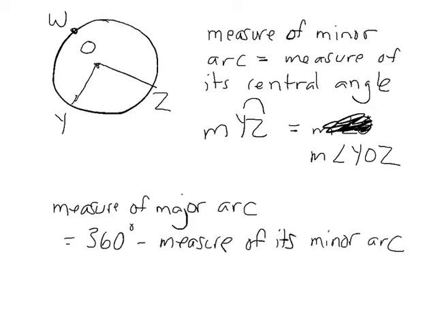So the measure of arc YWZ is equal to 360 degrees minus the measure of arc YZ.